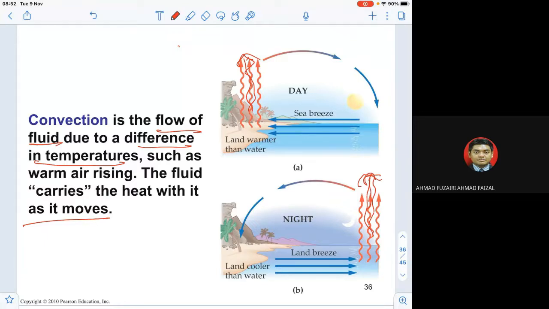The heat will go up because it loses its density, and the land breeze flows from the land to the sea. In daytime, it flows from sea to land, replacing the hot air. So that's how convection works. In Malay we call it perolakan.